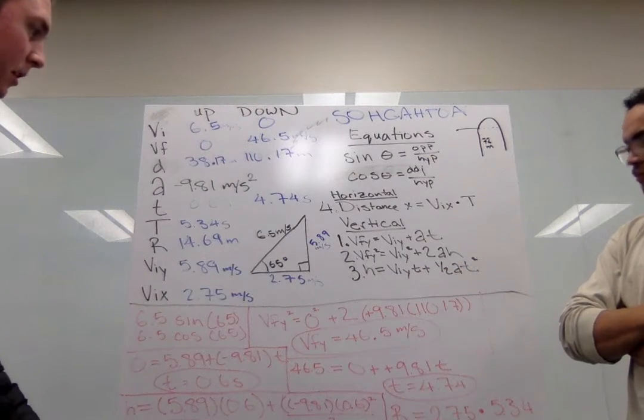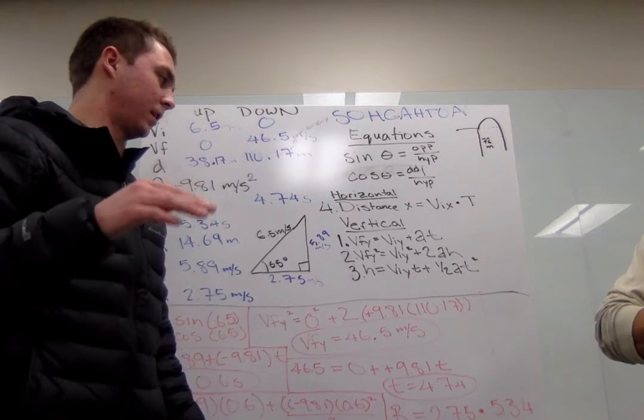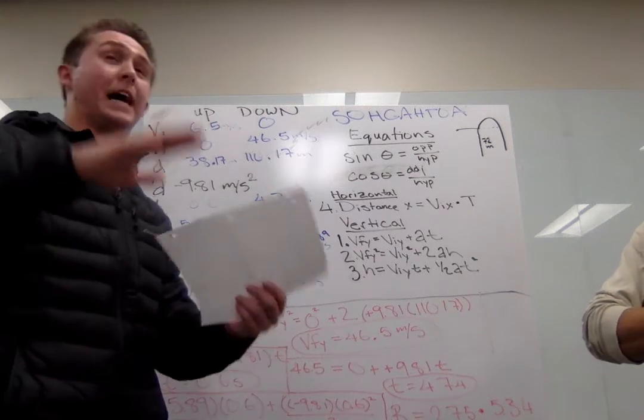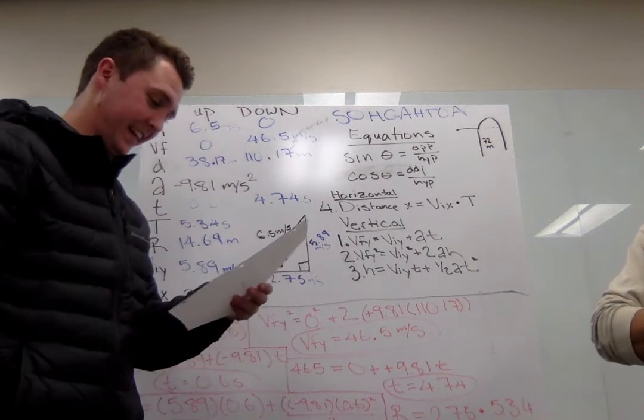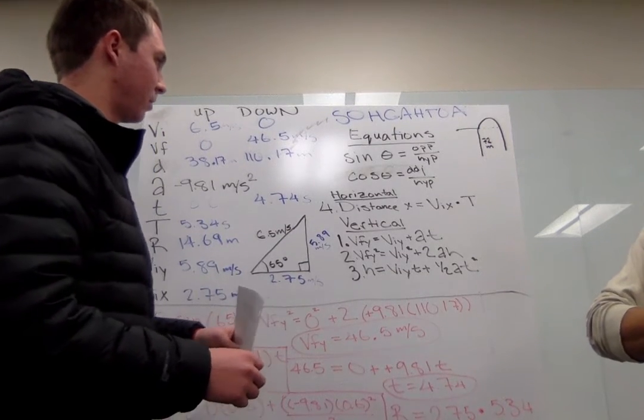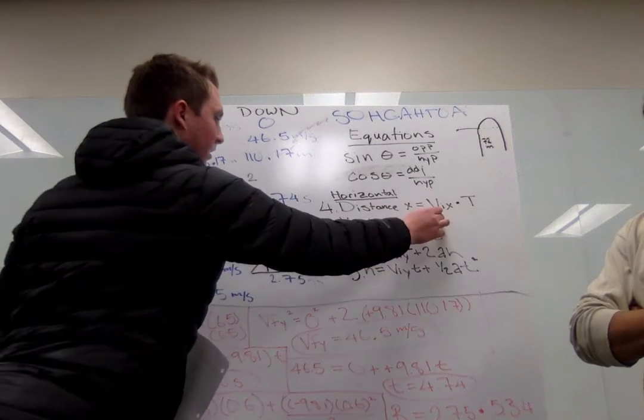And then the next one is solving for total time by using time up plus time down. And then last, step 7, is solving the whole entire projectile motion by using step 4.